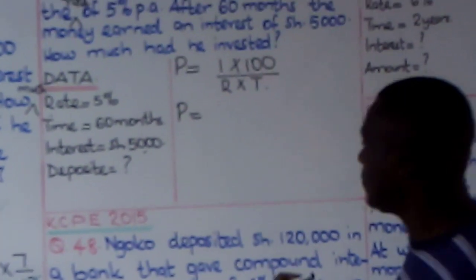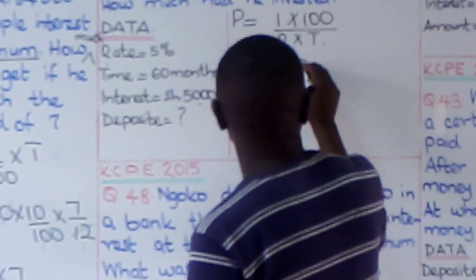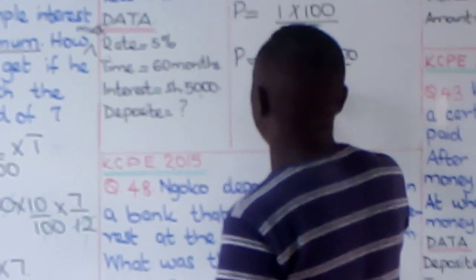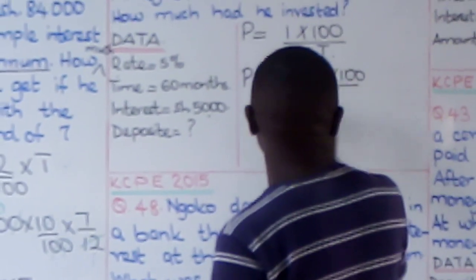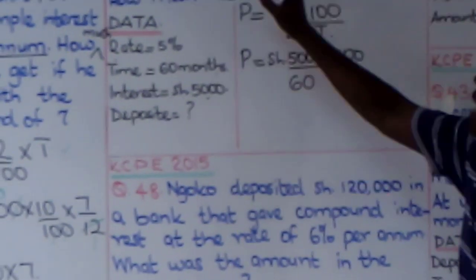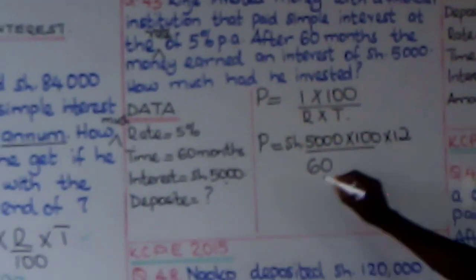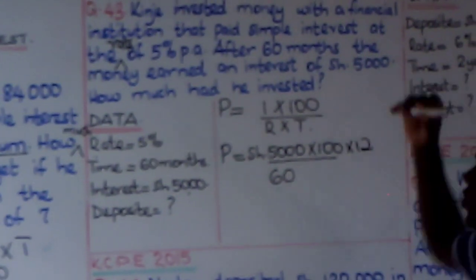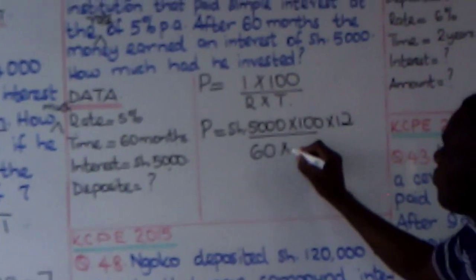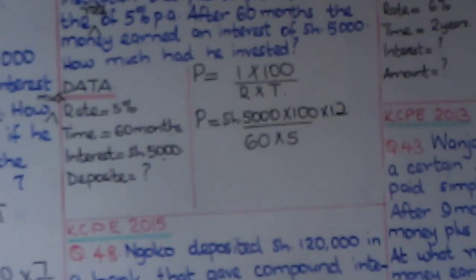Interest is 5,000 shillings times 100 all over 60 months. Boys and girls, time is given in months, yet the rate is per annum. And so we divide 60 months by 12 to get the years. Then times rate, which is 5%. I hope we understand.